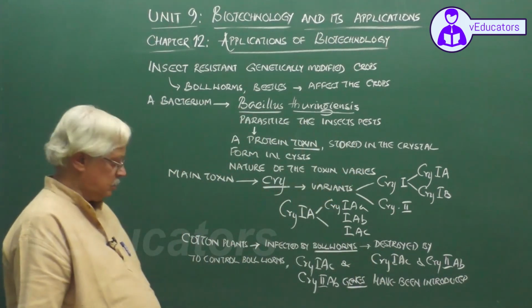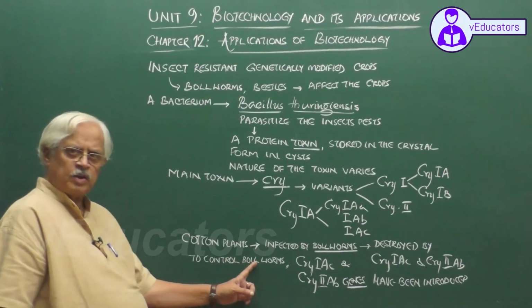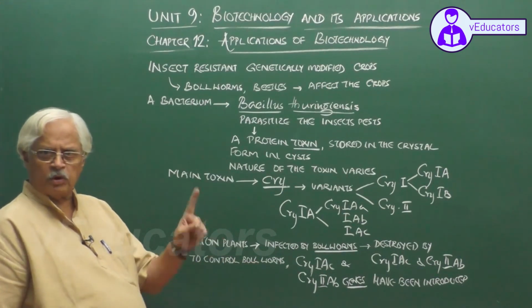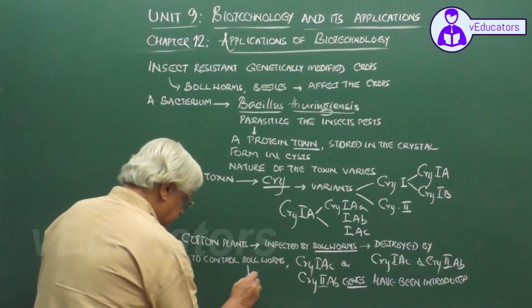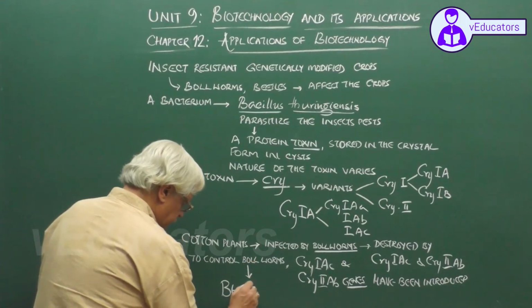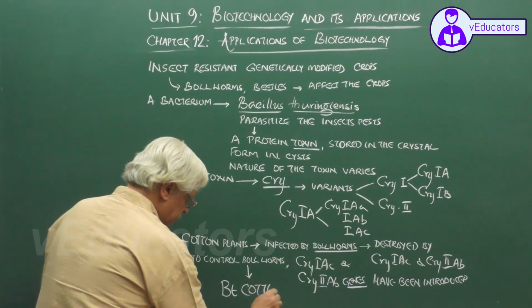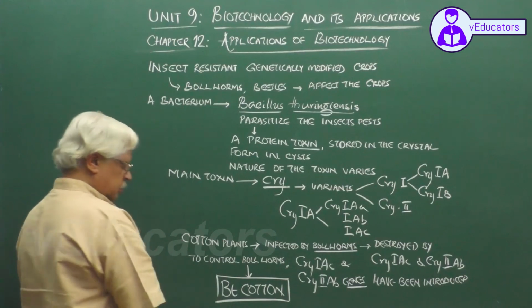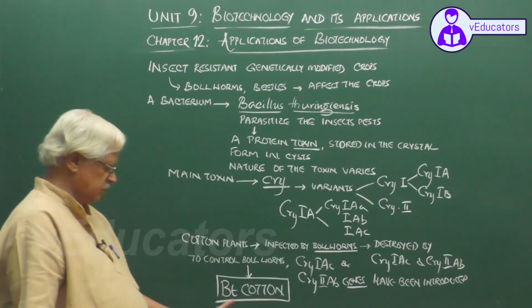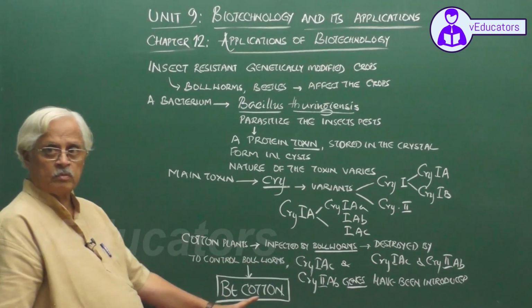As a result, a new variety of genetically modified cotton plant has been obtained, and this cotton plant which is resistant to the bollworms is called BT cotton.